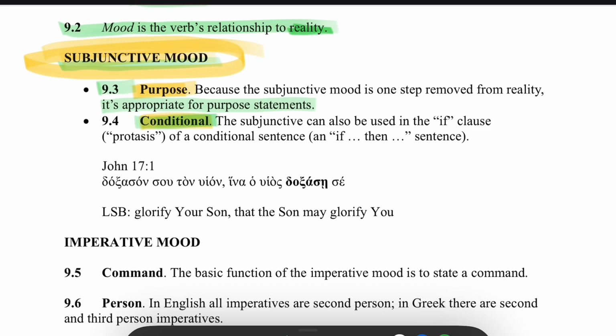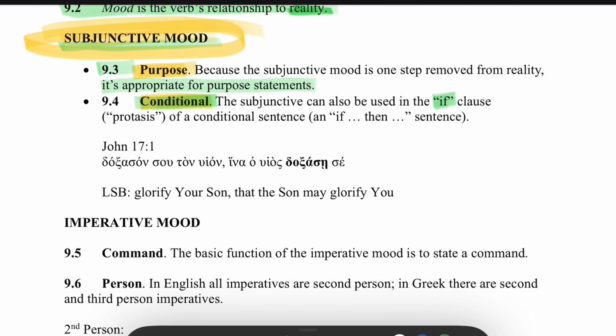The subjunctive can also be used in the if, or the protasis, of a conditional sentence, the if/then pairing. So we see an example of this purpose in John 17:1.